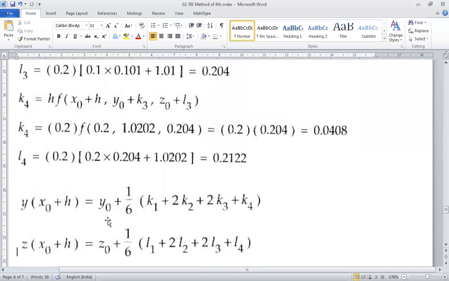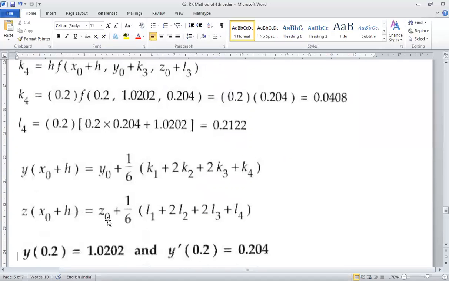Now, we need to use the formulas to get the value of y of 0.2 and y dash of 0.2. The formula for y of x naught plus h is given by y naught plus 1/6 of K1 plus 2K2 plus 2K3 plus K4, whereas for z of x naught plus h, the formula is given by z naught plus 1/6 of L1 plus 2L2 plus 2L3 plus L4.